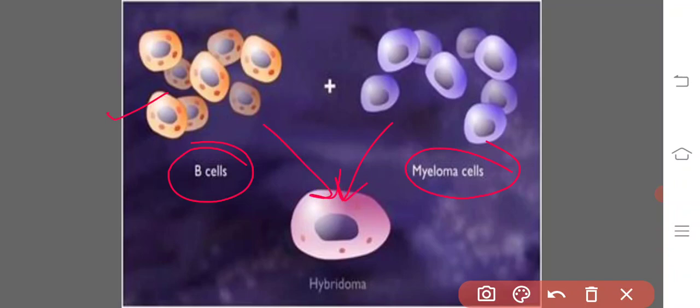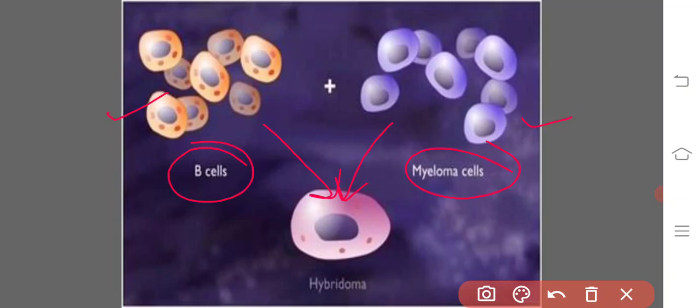Myeloma cell is nothing but a cancerous plasma cell, in order to produce a hybridoma cell. Oma is the suffix of cancerous cells.